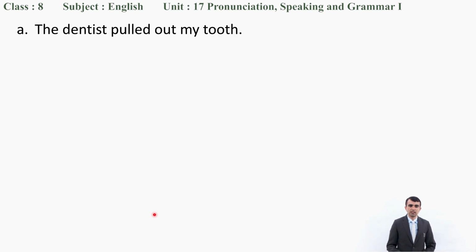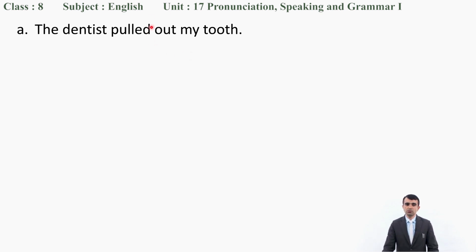Now, first one, the dentist pulled out my tooth. So, what is the object here? My tooth. It's simple, isn't it? So, bring my tooth into the subject position with a capital M, don't forget. And then, my tooth, what? You should use a be verb.